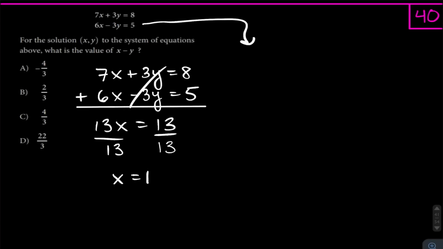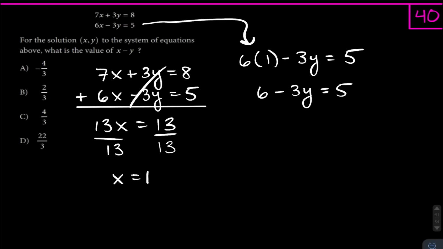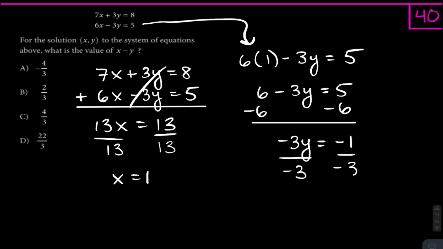I think we can plug into the first one, I just like the one with the smaller numbers. And so we get 6 times 1 minus 3y equals 5. Let's solve for y. We get 6 minus 3y is 5. Subtract 6 on both sides. Negative 3y is equal to negative 1. Divide by negative 3 on both sides. And we get that y is equal to 1/3.